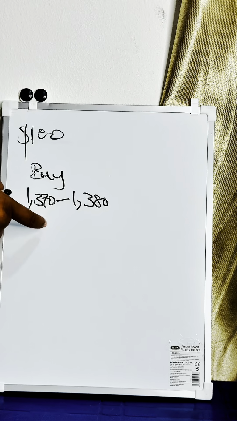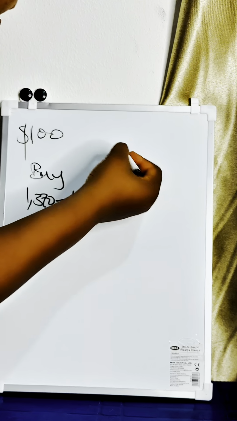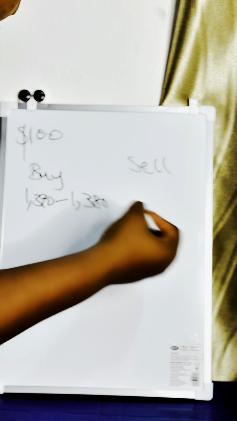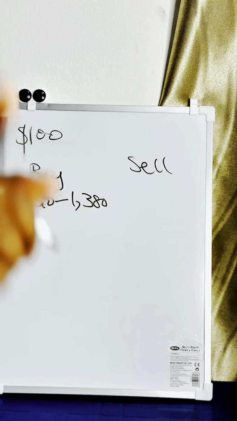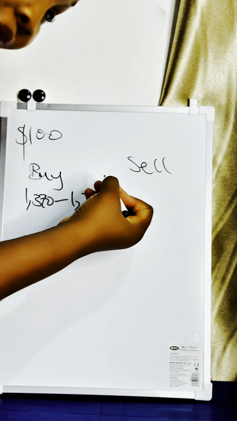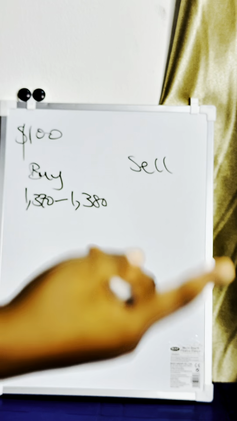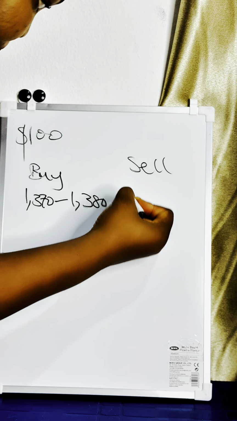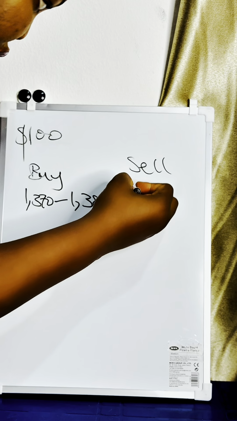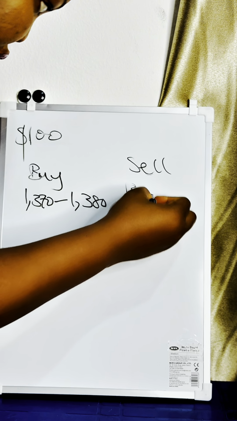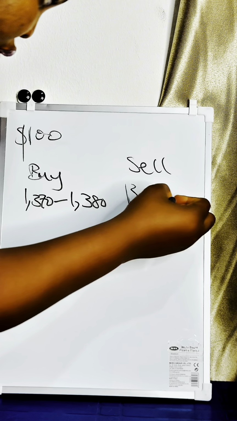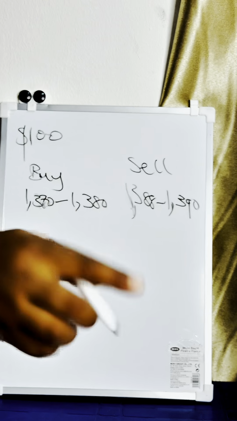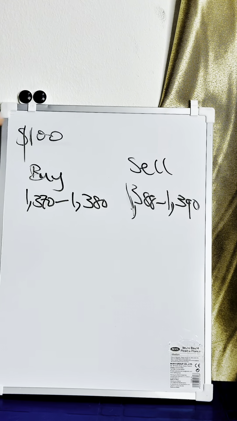This is your buy price. The sell price, I'm using the current market price, so I'm dealing with real market price analysis. We're going to be selling at 1,388 to 1,390.